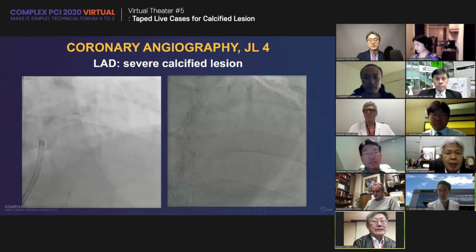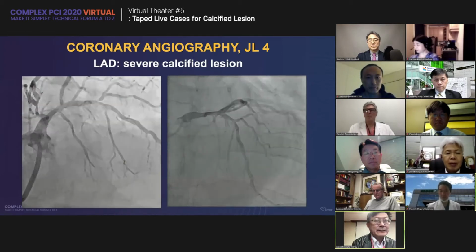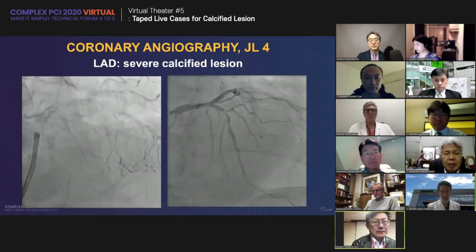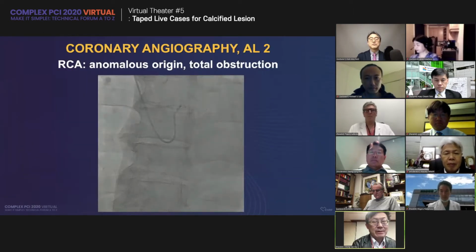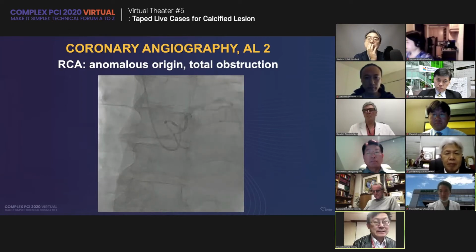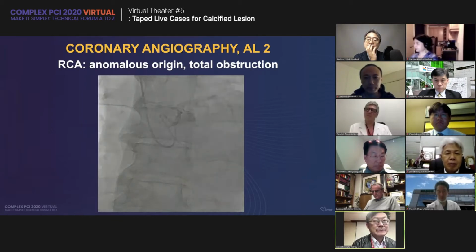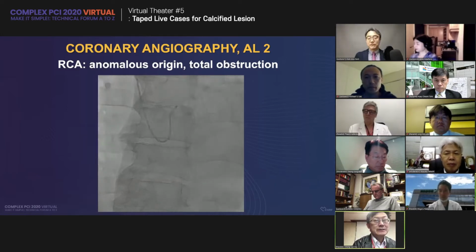If we can successfully treat the RCA, because this lesion will be most like the equivalent of left main plus RCA critical stenosis, and anomalous, then maybe for the left system we can do the proper lesion preparation, like Antonio and Thierry just suggested, and we can still achieve a very good long-term result. That's what I'm thinking.